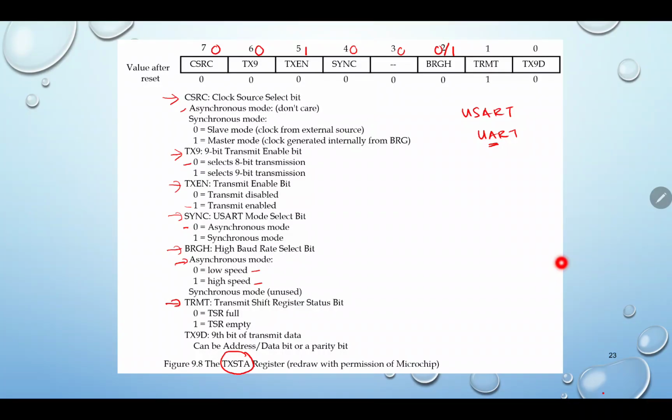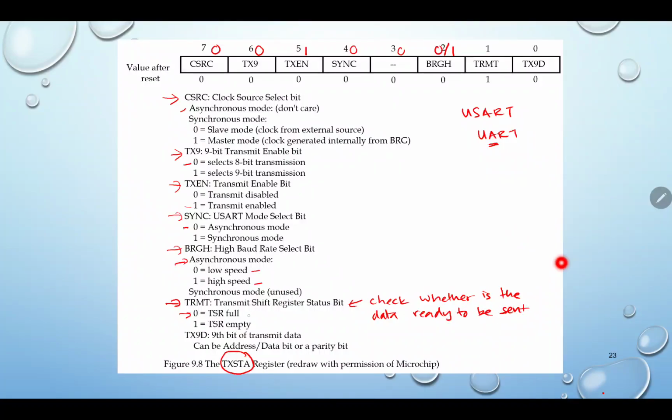Then you have the transmit shift register status bit. Whenever it is 0, it means that the transmit shift register is full. That means it is ready to be transmitted. So this is the transmit status bit that we use to check whether the data is ready to be sent.